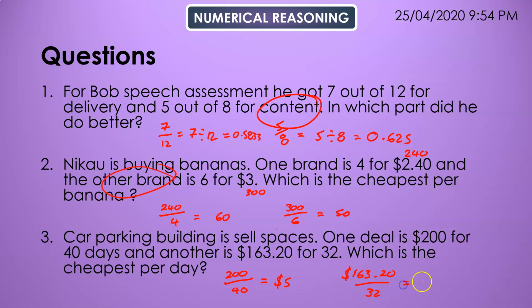Do that on your calculator, you end up with $5.10. So even though it is the larger amount overall per day, it's actually the cheapest to go with the first deal, the $200 for 40 days.